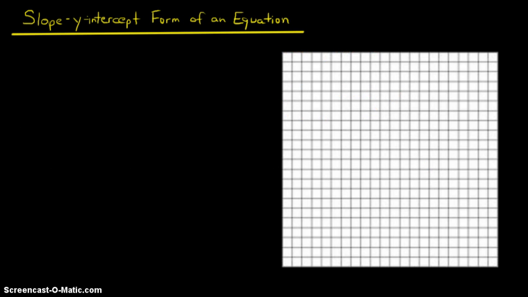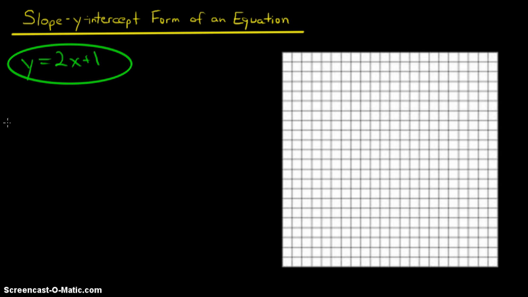So for instance, if I say that there's a relationship between y and x, and it looks like this, well, all I'm really saying is that the relation of x to y is that for every y, there are two x's plus 1. So I can state that in this form, or I can rearrange it.